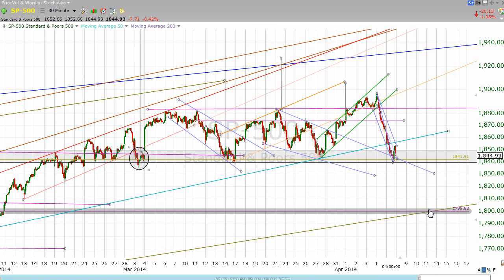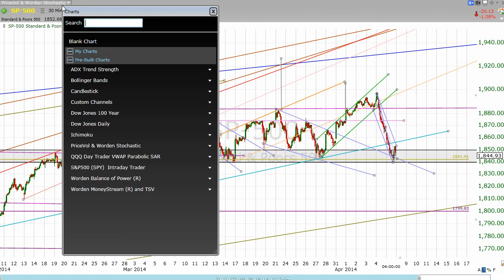Obviously, we have trend lines here that tell us where to expect support and where to expect resistance. But that doesn't mean that something in one of these wide open areas isn't gonna somehow create the same thing. It just does so for a reason that we don't see in the chart.